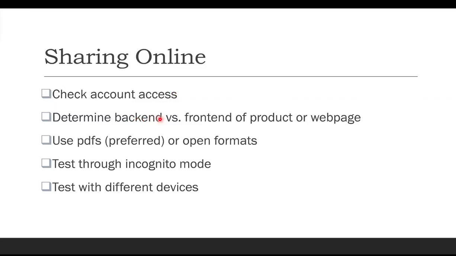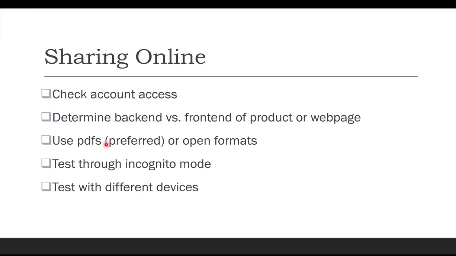Make sure you can differentiate between what's the back end of your website and what the front end of your web page or your product is, because often there is a back end that's kind of like a backstage where you can create and edit, and then there's a separate place where the general user is going to come in and see.